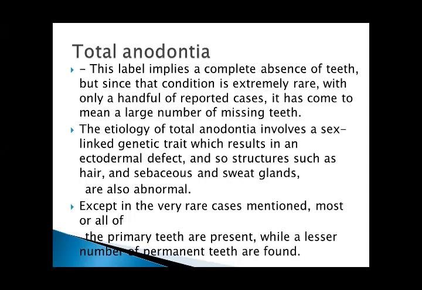The etiology of total anodontia, etiology means cause: it is an X-linked genetic trait which results in an ectodermal defect, and so structures such as hair and sweat glands are also abnormal. Except in the very rare cases mentioned, most or all of the primary teeth are present, while a lesser number of permanent teeth are found.